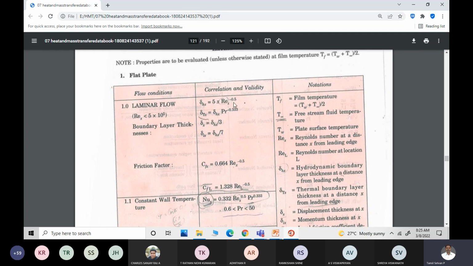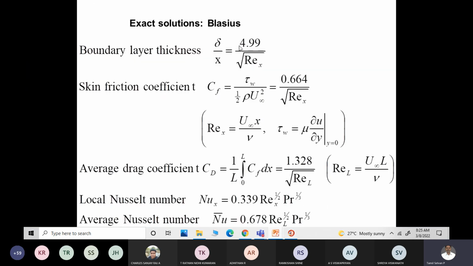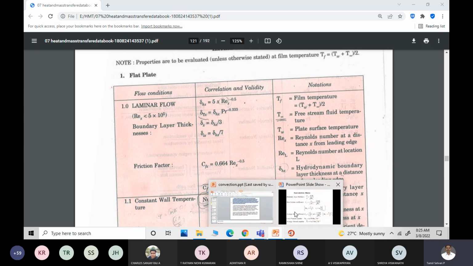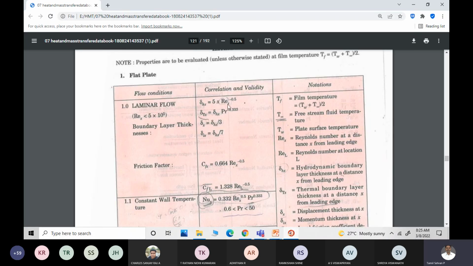So 5x into Reynolds number to the power minus 0.5. This formula is what is given here. So del by x is equal to 4.99, which they have approximated to 5. The x value comes to the other side, and the square root of Reynolds number at x is taken to the numerator, and it is written as Reynolds number at the distance x to the power minus 0.5.